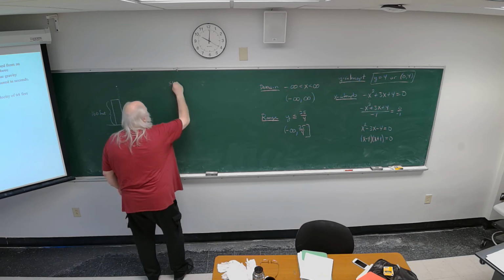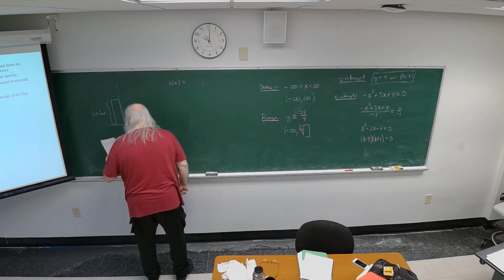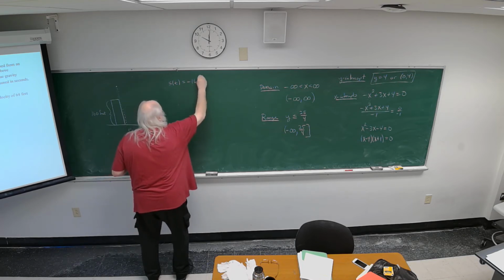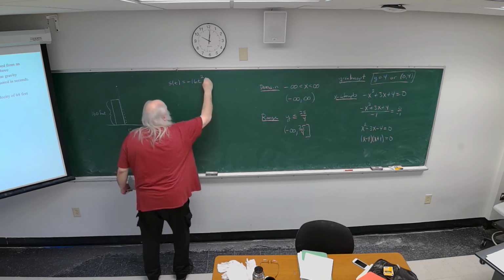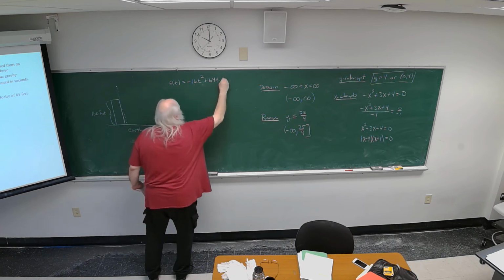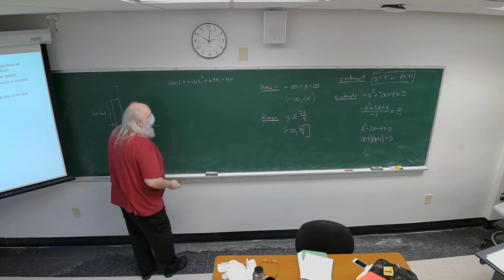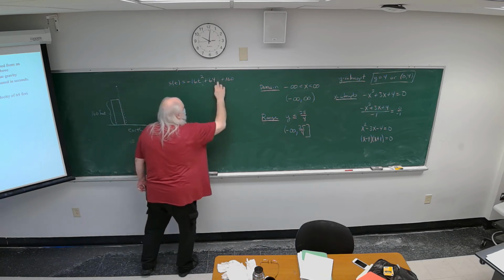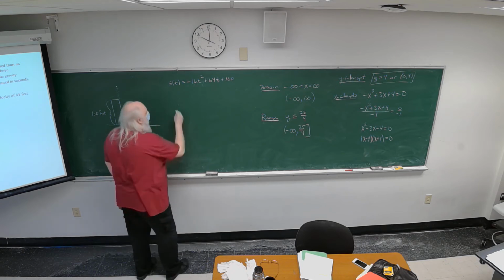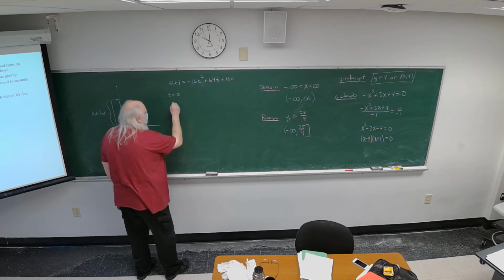So we have S of t, our quadratic function. S of t is equal to minus 16t squared plus 64t plus 160. Now you notice that t equals 0 is when you toss the ball up in the air.